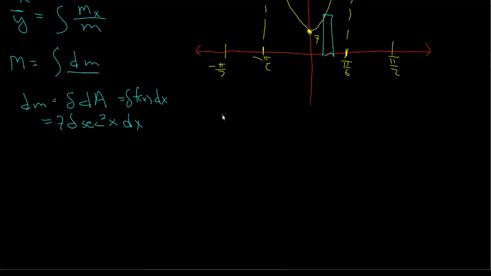This means our mass integral will be integrated from negative pi over 6 to pi over 6 of 7 delta secant squared x dx.